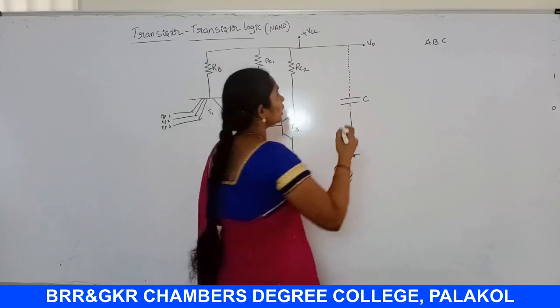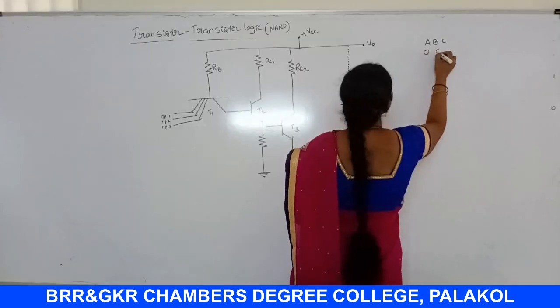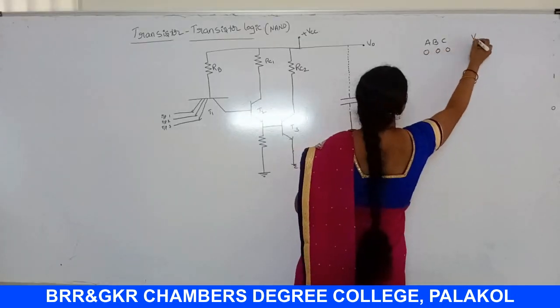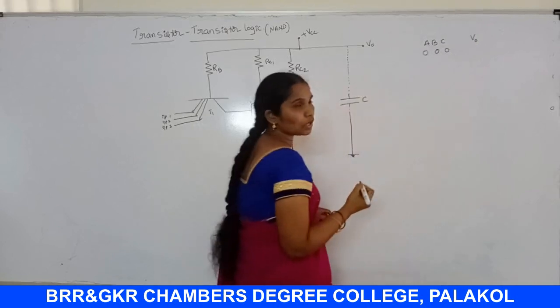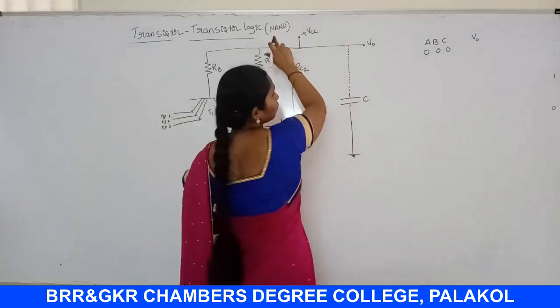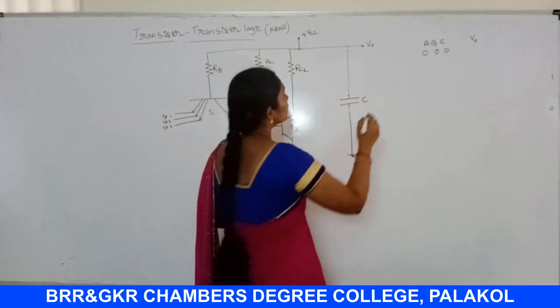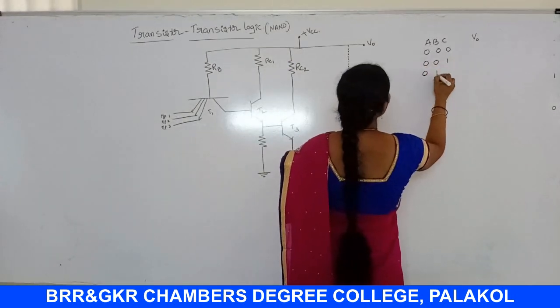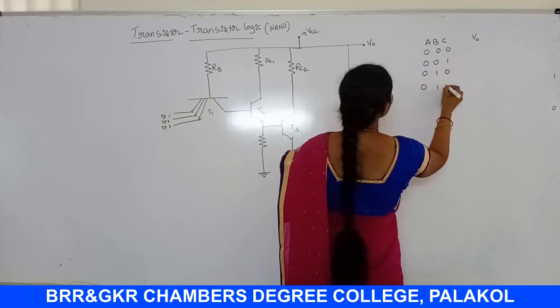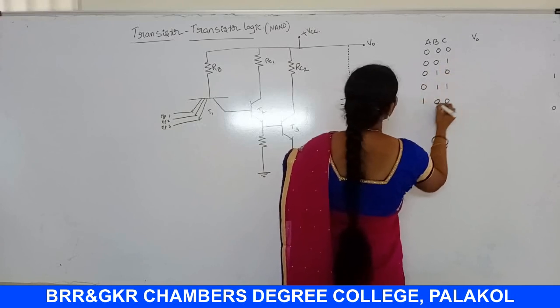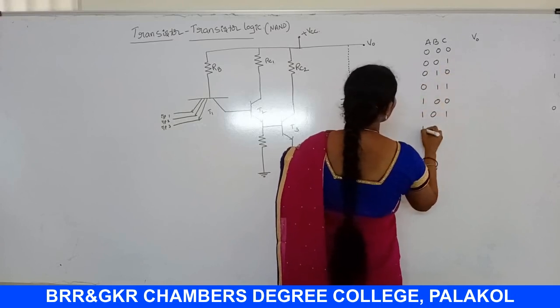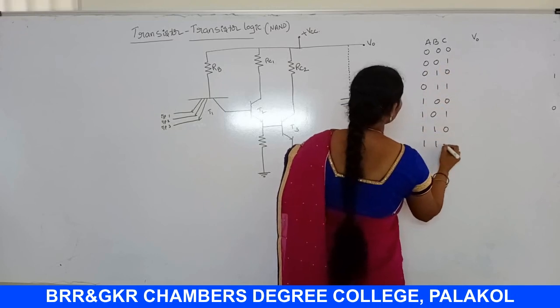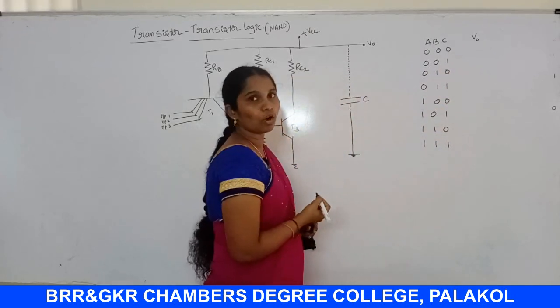Those 3 inputs are 0, 0, 0, and here we will observe the output. This logic follows the NAND logic. The combinations are 000, 001, 010, 011, 100, 101, 110 and 111.